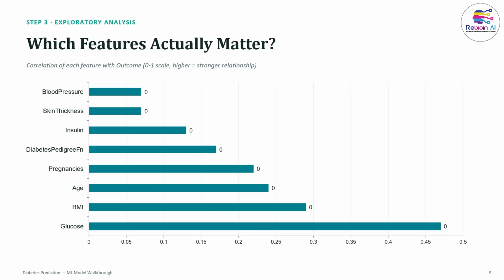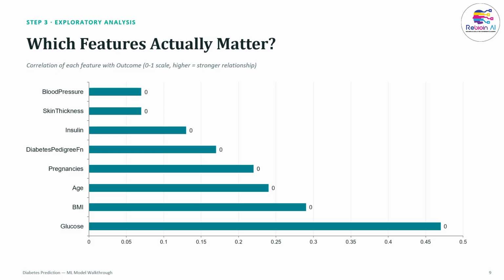Now, as you noticed, blood pressure and skin thickness sit at the very bottom, barely correlating at all. That's not a coincidence. Those are the same two columns with the worst missing data problem from the last slide. That is why heavy imputation dilutes a feature's real signal, and we are seeing that play out directly here.